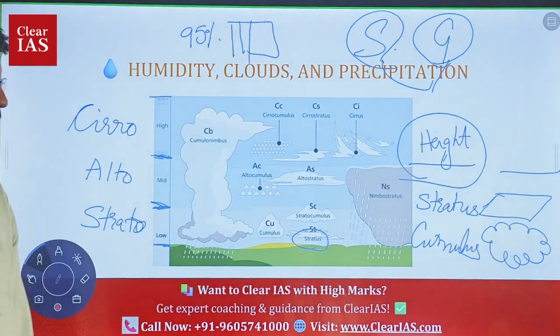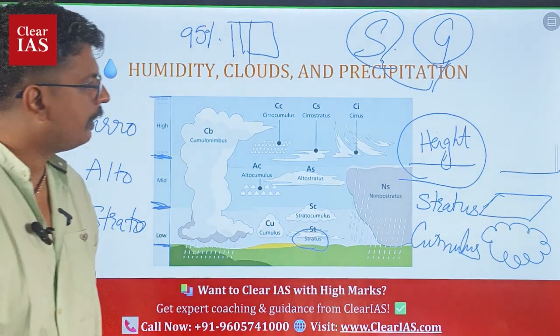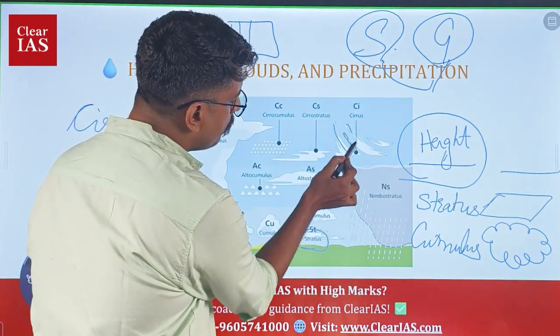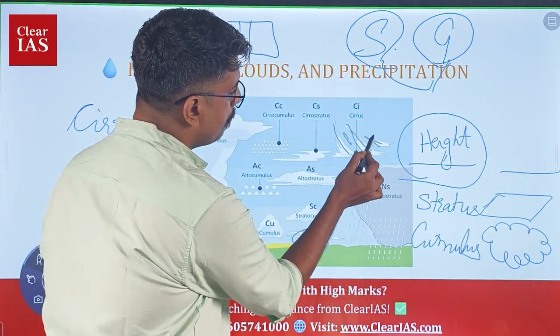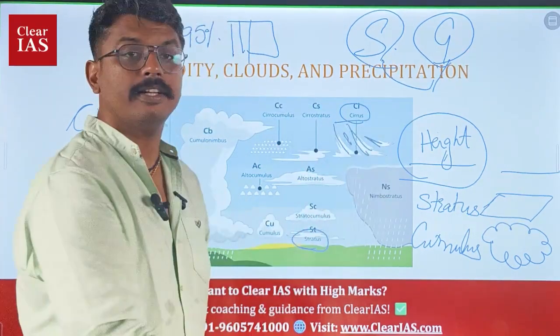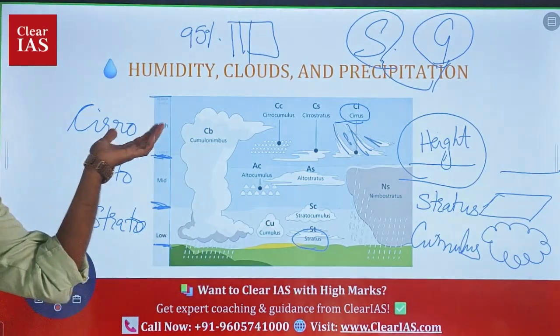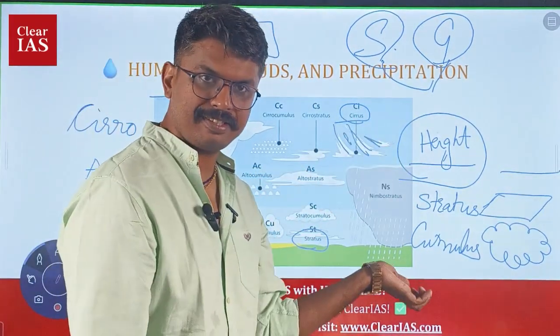Stratus, cumulus. Okay? And something like a wisp of hair. If the clouds are of this shape, we call them cirrus. Height is 0. Shape is cirrus.